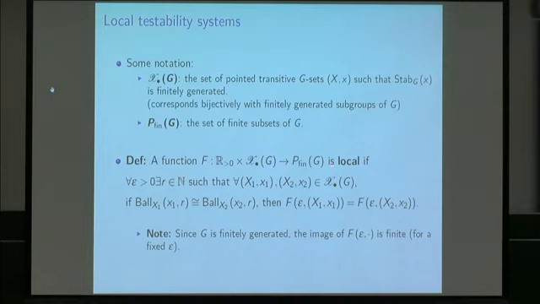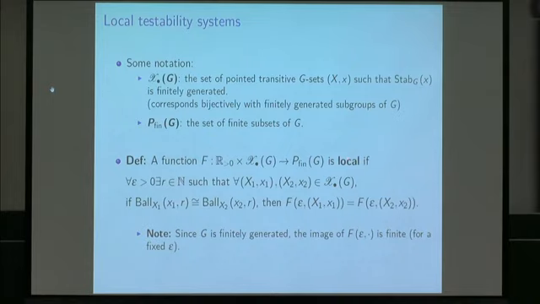And now a definition. The local testability system is going to be a function that takes a positive real and a pointed G-set and gives me something. Just concentrate on the domain for now. What is a local function?